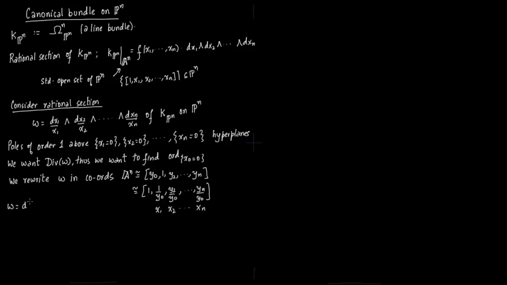And y1 by y0 you say is x1, y2 by y0 is x2, and then yn by y0 is xn. Now you can rewrite omega as d log x1 exterior product d log x2 exterior product d log xn. We are just rewriting, because d log x1 is nothing but dx1 by x1. Now instead of x1 I'm writing y1 by y0, instead of x2 I'm writing y2 by y0, instead of xn I'm writing yn by y0.